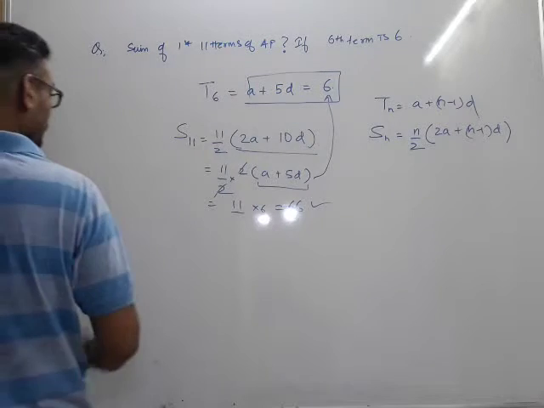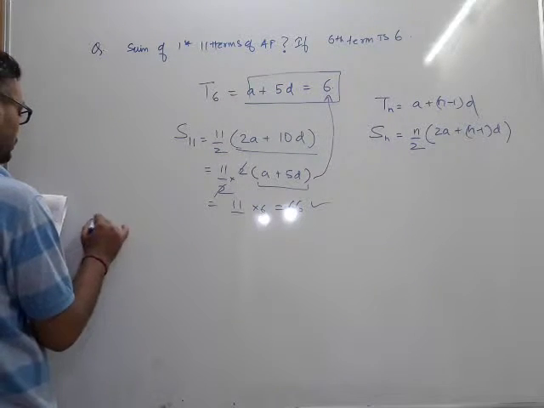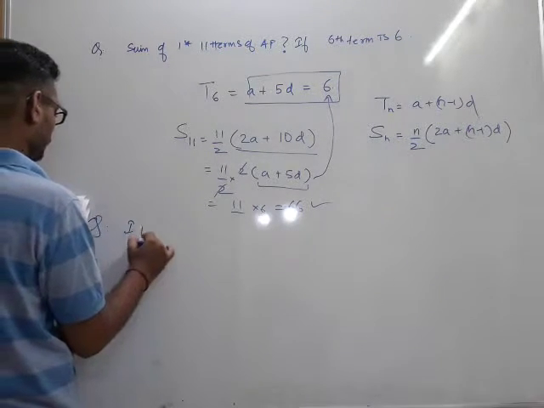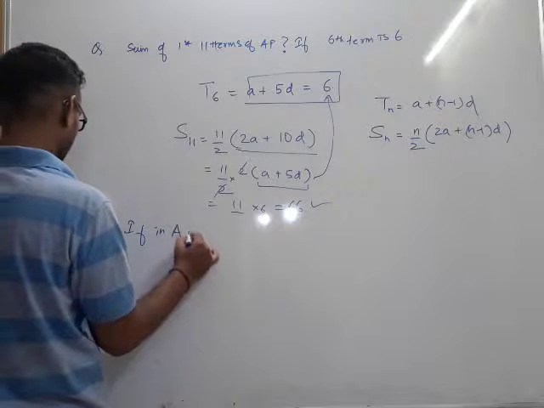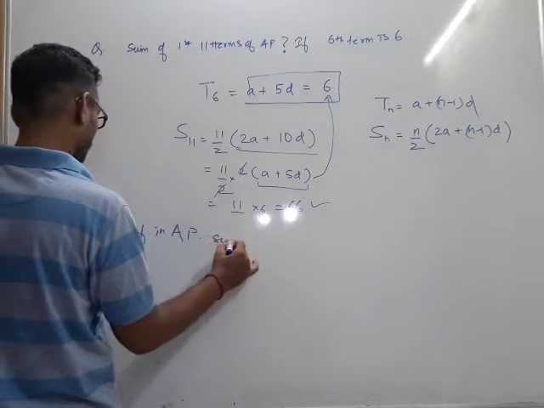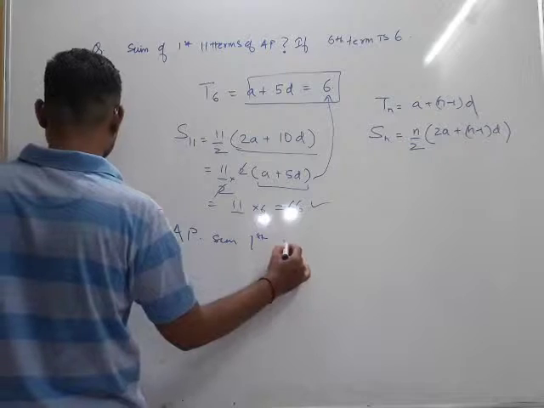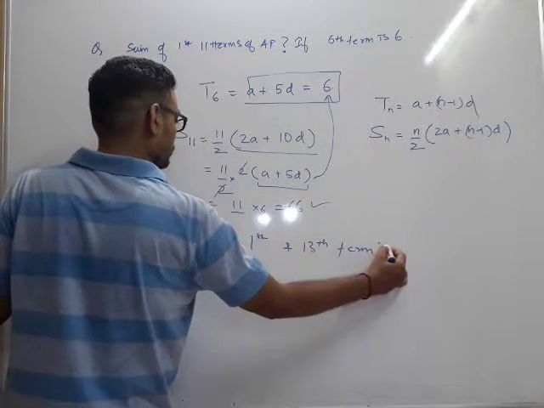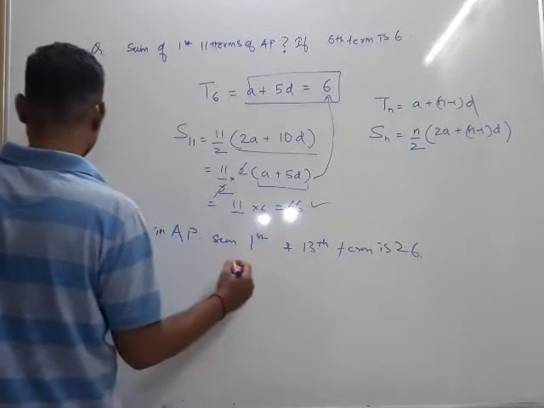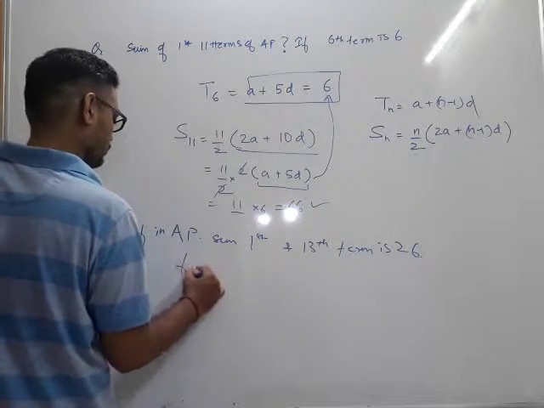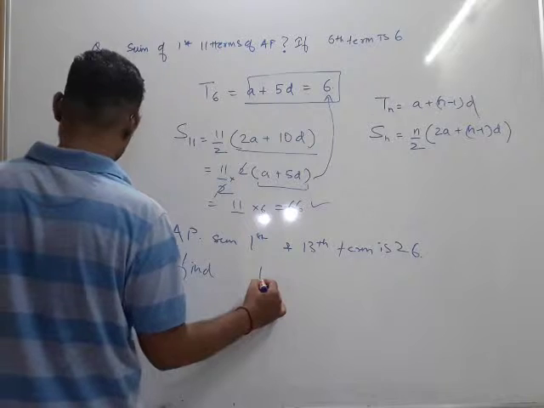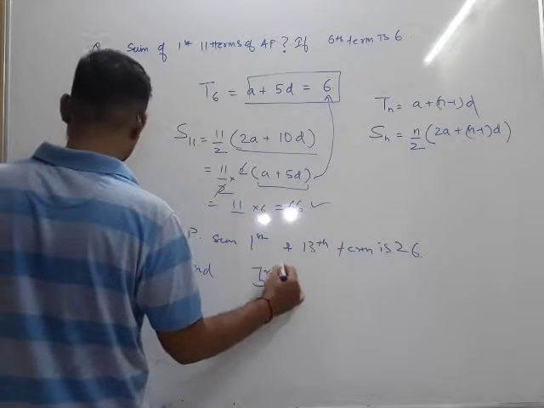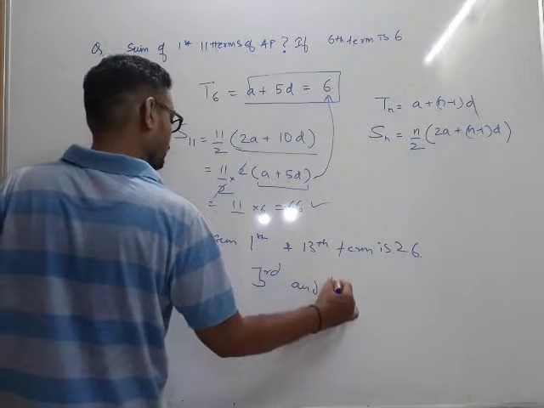Now this is what I was referring to. Question says, if in an AP the sum of the first and 13th term is 26, find the sum of the third and 11th term.